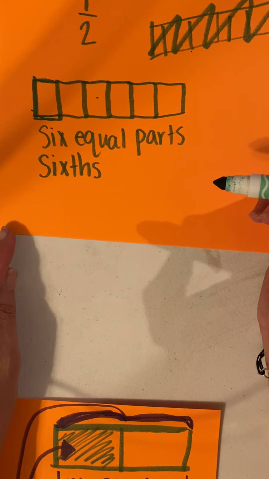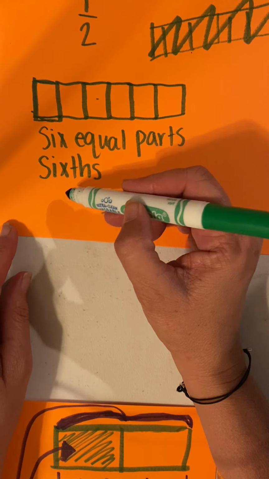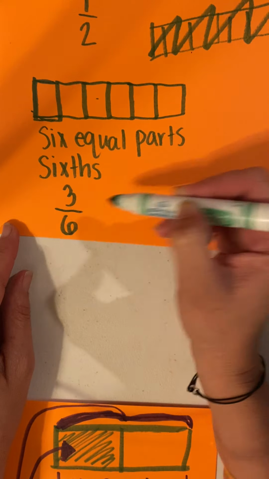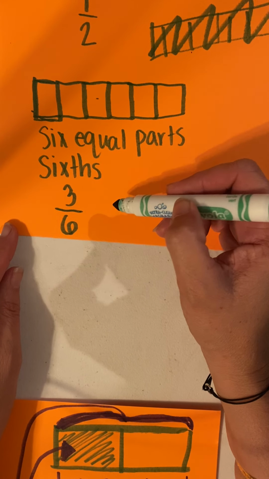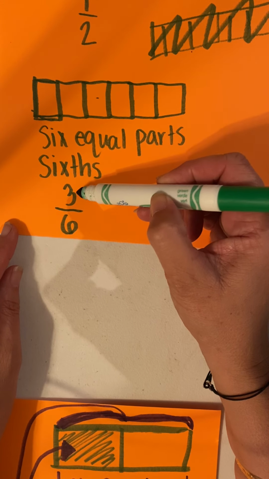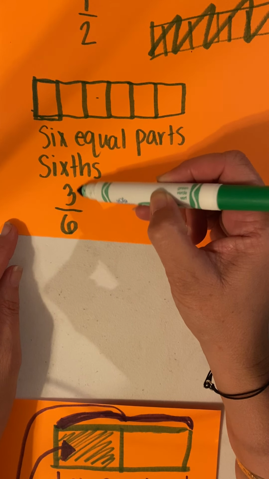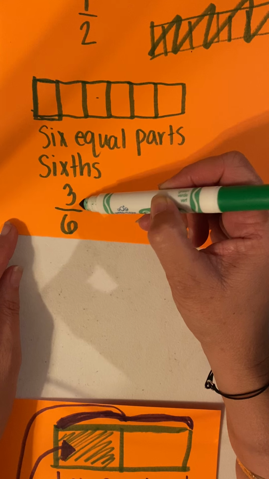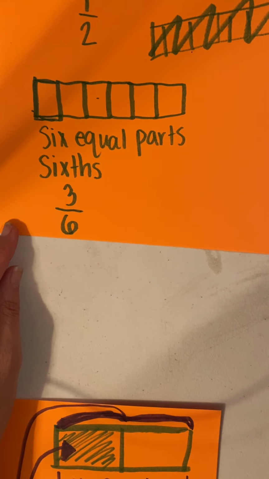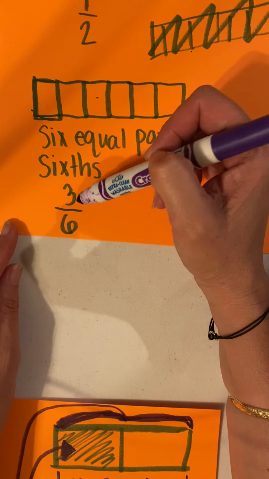All right. We are going to shade in 3/6. So if we're going to shade or color in 3/6, look at the numerator. That tells you what we are focusing on, and we're going to focus or shade in 3 out of the 6. Now you can shade in any 3 parts you want.